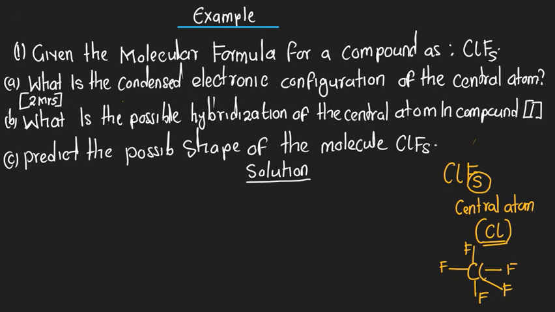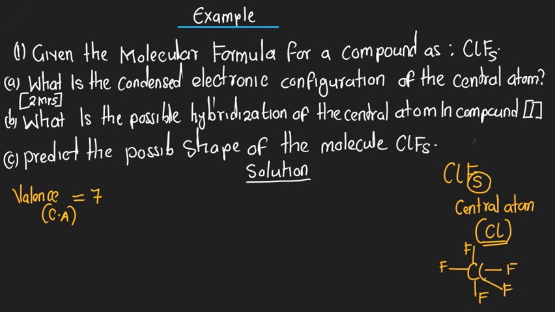So the valence of the central atom is simply 7 for chlorine.